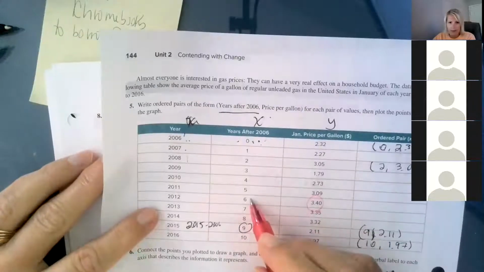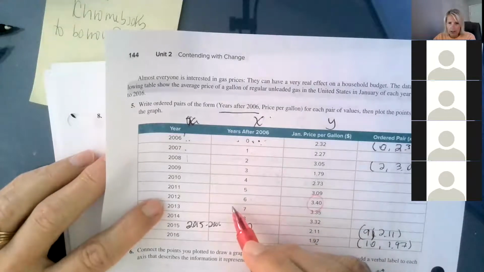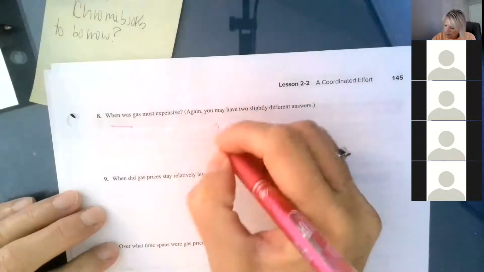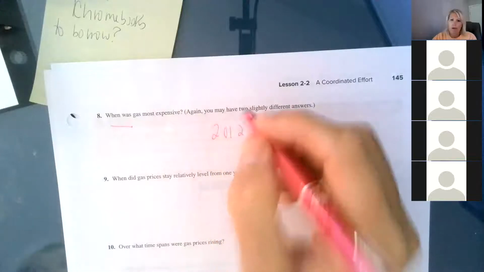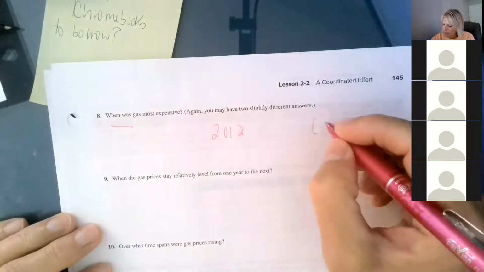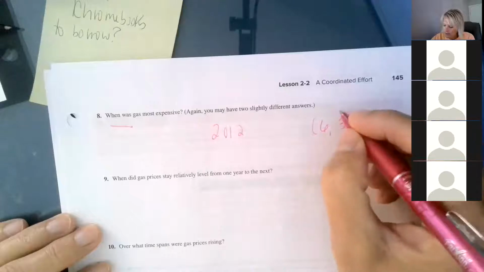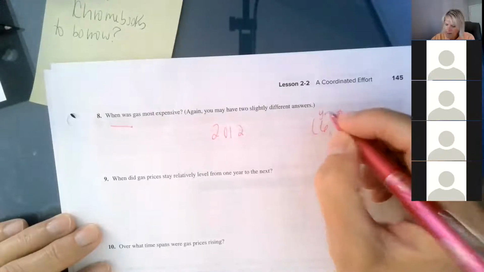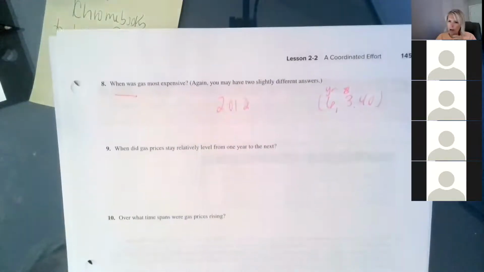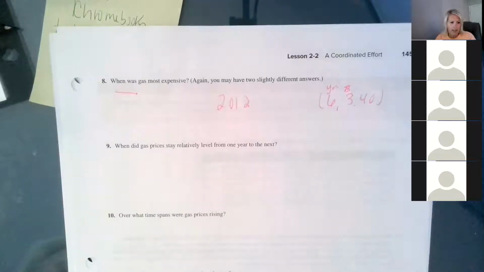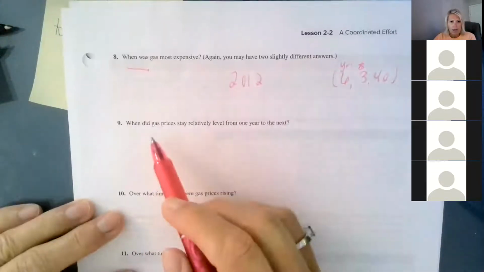So it was in 2012. But essentially it's the same because you're going to write year 6 and it was $3.40. So I see now one was what and one was when. That's the difference.